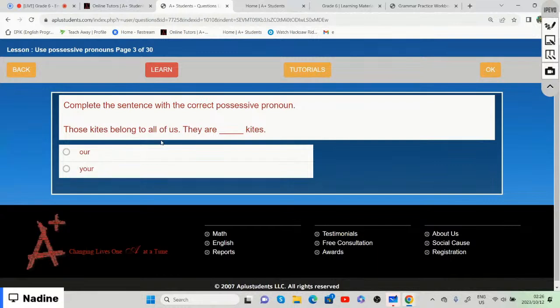Those kites belong to all of us. They are our kites or your kites. Belongs to us. If it belongs to us, is it ours or is it yours?